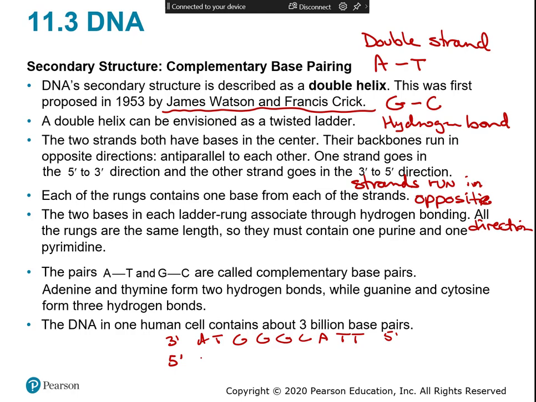And so A would match with T. T would be A, G, C, C, C, then G, T, A, A. And then over here would be the 3. So those strands run in opposite directions. Everywhere there's an A on the opposite strand, it's always a T. Everywhere there's a G, there's a C. And they actually hydrogen bond, and that's what holds those two strands together as a double strand.